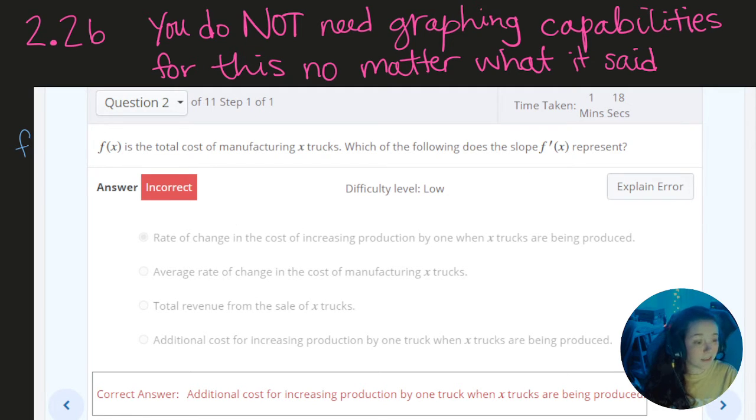Granted, we hadn't learned about a lot of this yet, so there's that fact. This, again, goes back to those limits. The correct answer was the additional cost for increasing production by 1 truck when x trucks are being produced. It goes back to those limits that still don't really make sense to me, but that's your answer. It's not the rate of change in this case.